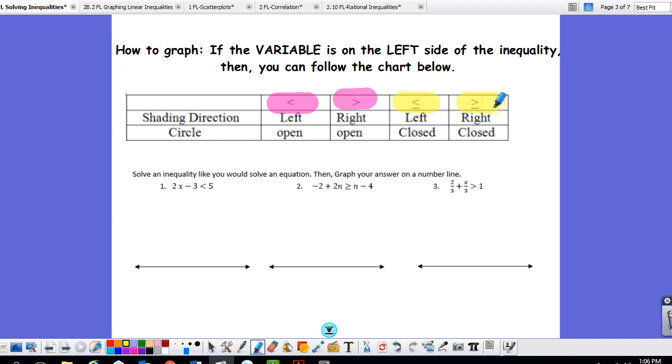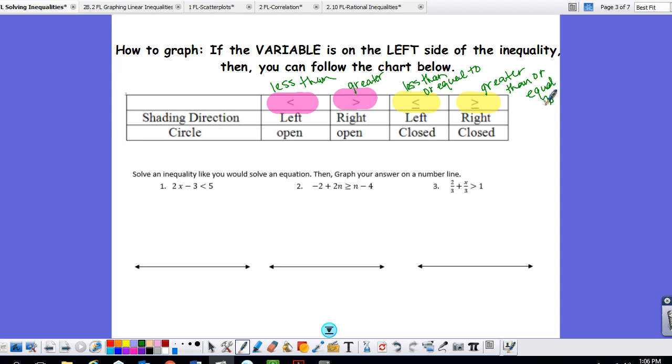Less than or equal to is left, greater than or equal to is right. So this is less than, this is greater than, this is less than or equal to, and this is greater than or equal to.